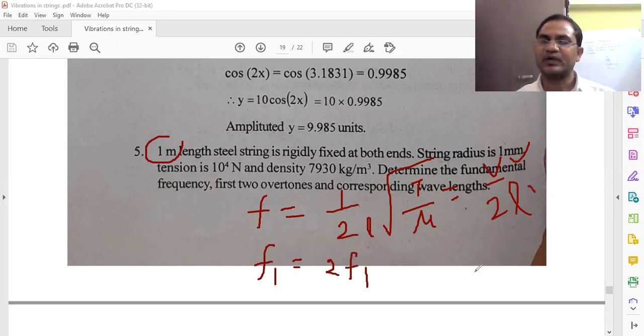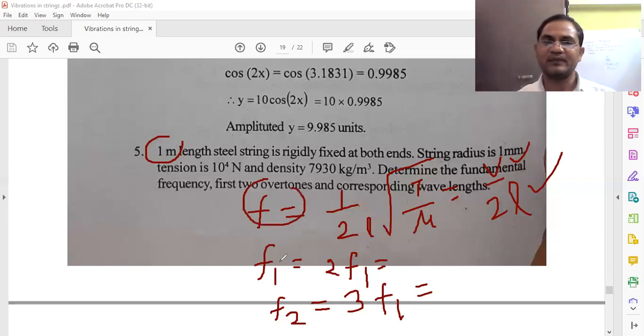Multiply the value you got by 2 to get the first overtone. The second overtone is the third harmonic, that is 3 times the fundamental frequency. So multiply the fundamental frequency value by 3.